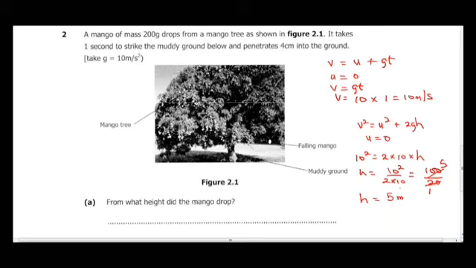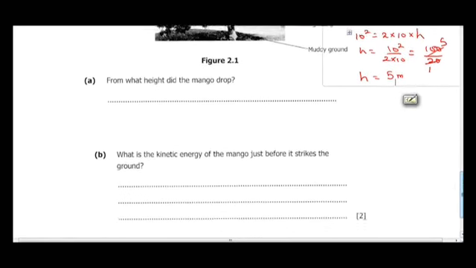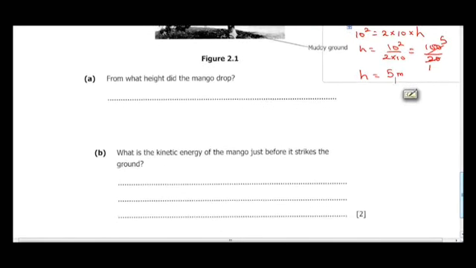Now we've established the height the mango fell from. The next question says, what is the kinetic energy of the mango just before it strikes the ground? You need to recall the formula for kinetic energy: half times mass times velocity squared.